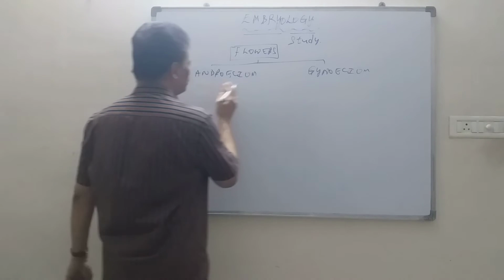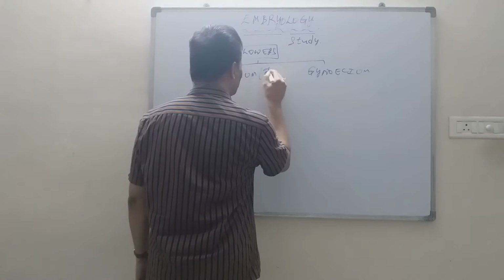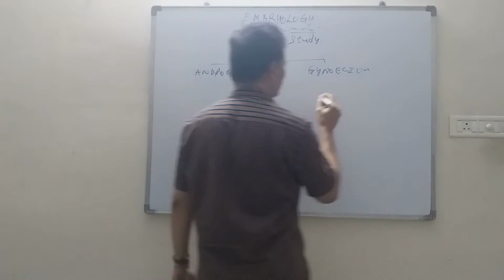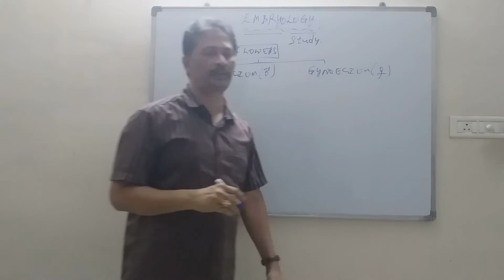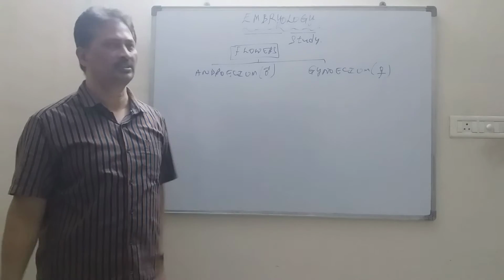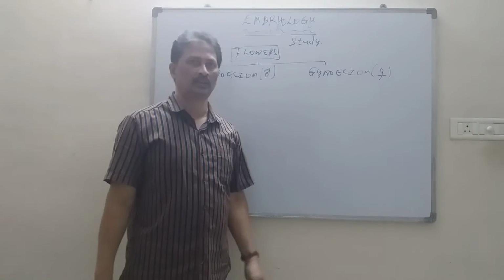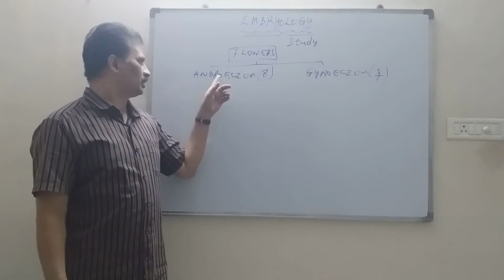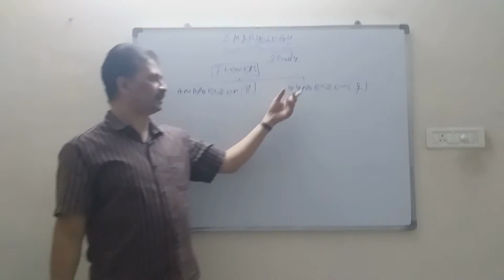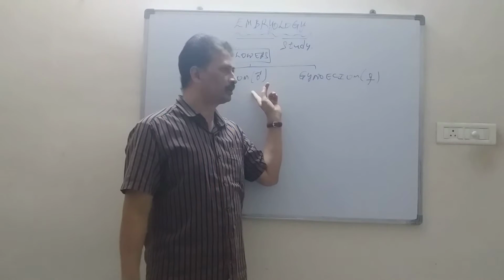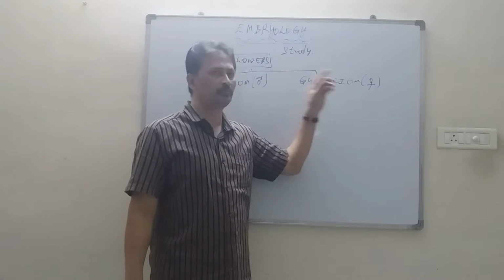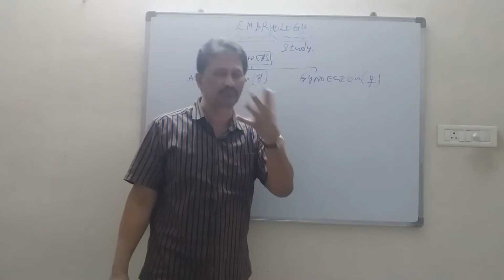Out of these two parts, the androecium is regarded as the male reproductive part and the gynoecium is called the female reproductive part. These are the symbols for male and female. The androecium is represented with this symbol, and the gynoecium is the female reproductive structure.